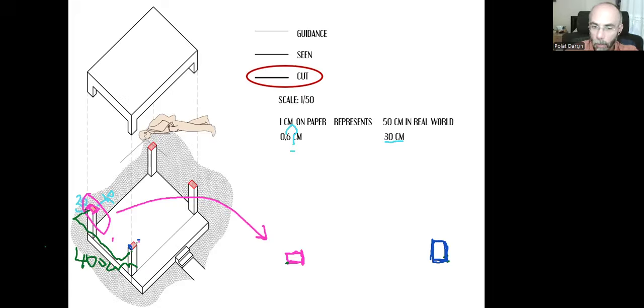And once I do that, I need to move on to my third column. And that means that I need this total distance, and that's 600 centimeters in real world, which means that I need to divide it by 50 and find the scaled distance.